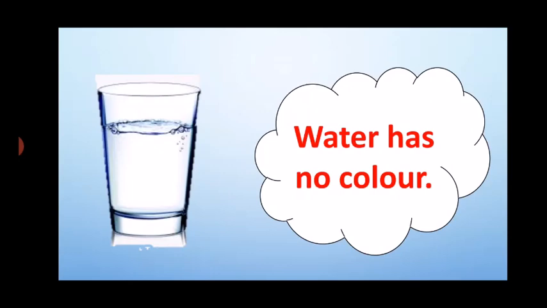Let us move on and look at some more important qualities of water. What is this girl doing? She is smelling a flower and she is enjoying the smell of that flower. She likes the smell of that flower. Can you see?